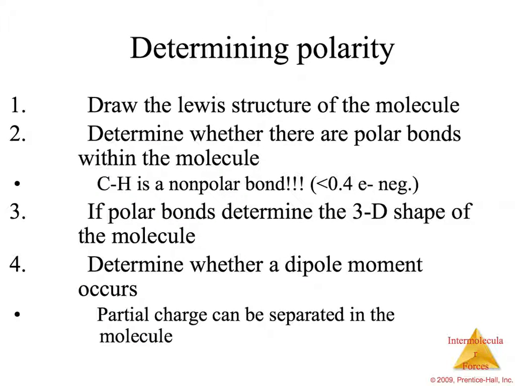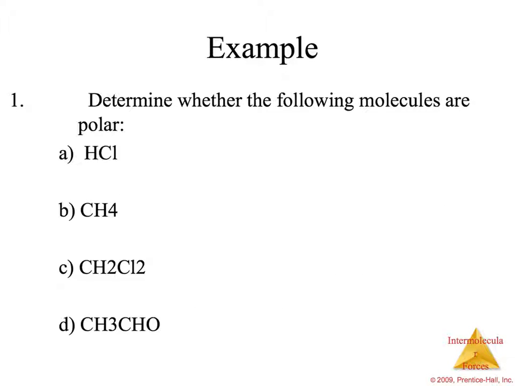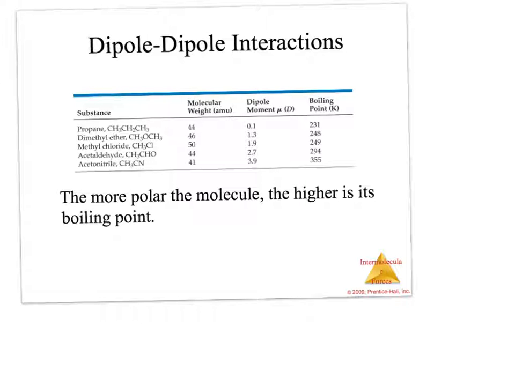So these are instructions on how to determine polarity. You should be able to determine if a molecule is polar, because we just had a test on that, so I'm not going to go over this. So the more polar the molecule, the higher its boiling point.